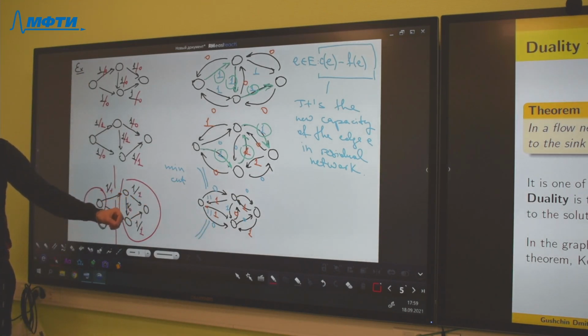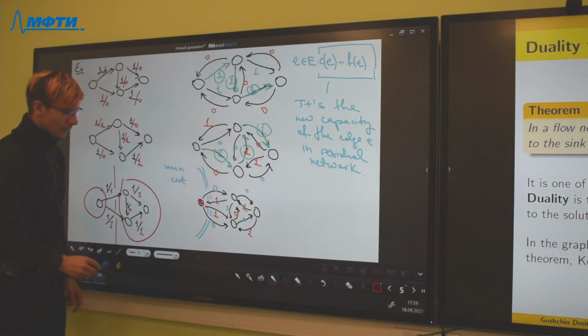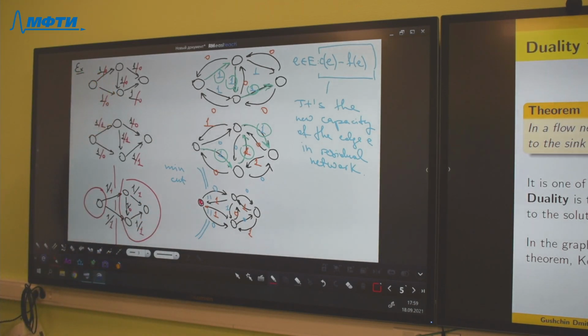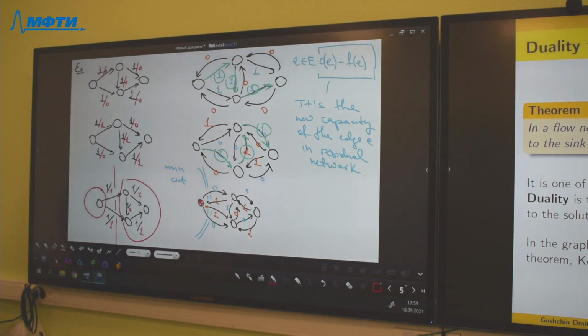From the source we cannot reach any other vertices using edges with capacities bigger than 0. So we say that the minimal cut of this network is equal to dividing the set of vertices into these two parts.